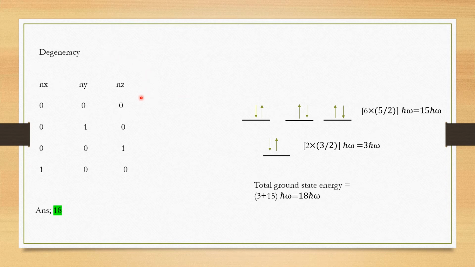From here we can find that the state 0 0 0 is the ground state, and in the first excited state it will be 0 1 0, 0 0 1 and 1 0 0. So the first state will have no degeneracy, whereas the second state will have 3-fold degeneracy. By putting the electrons in, we can find that the total ground state energy will be 3 plus 15, which is equal to 18 h cross omega. So the answer will be 18.